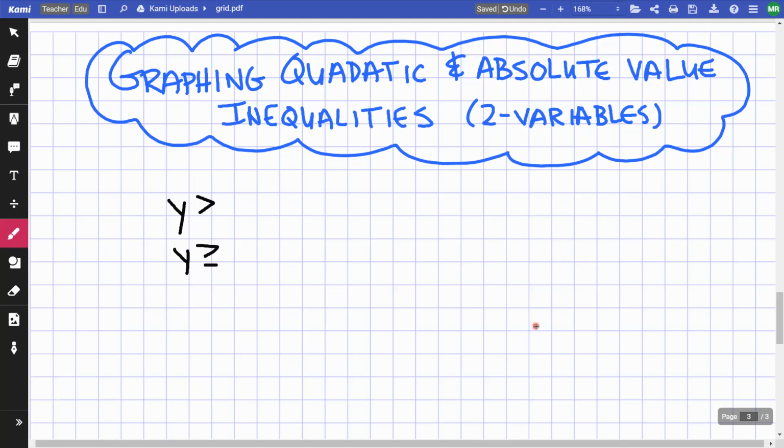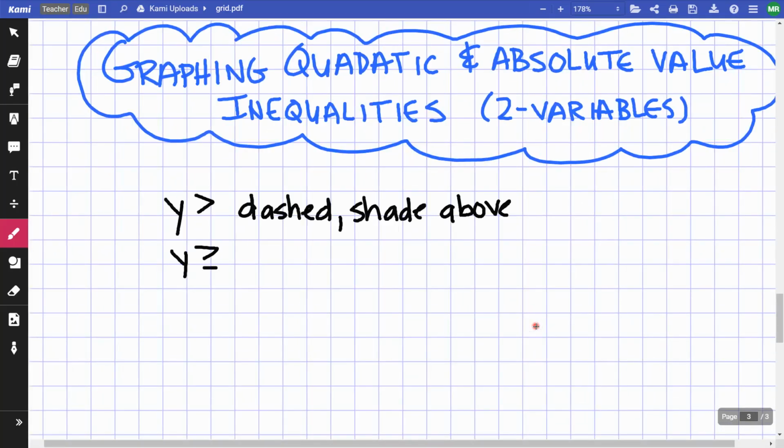For the Y is greater, this is going to be dashed or dotted, okay, dashed and shade above. Because greater means I want Y's higher than my graph. The Y is greater than or equal to is going to be a solid, I don't want to say line because these are going to be some of them curves, curve or line. And again, we're going to shade above.